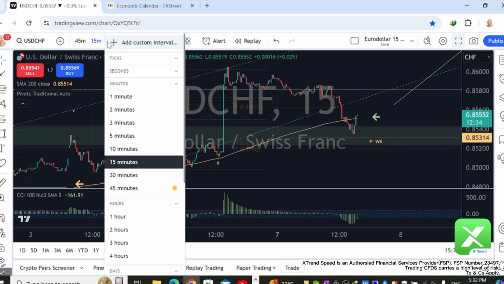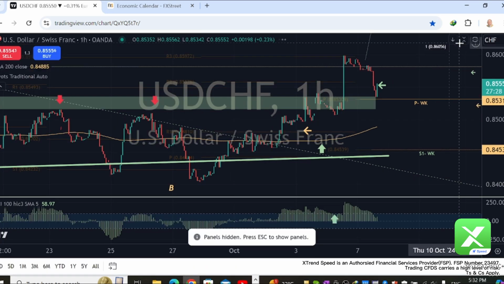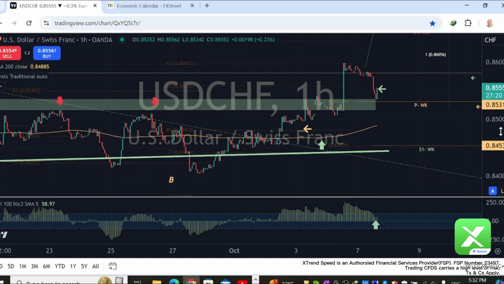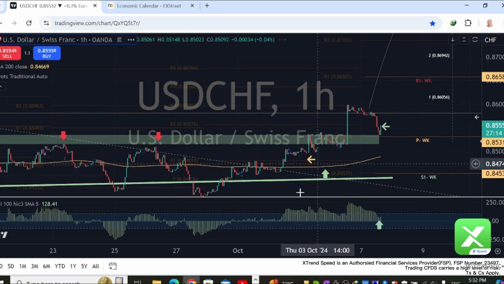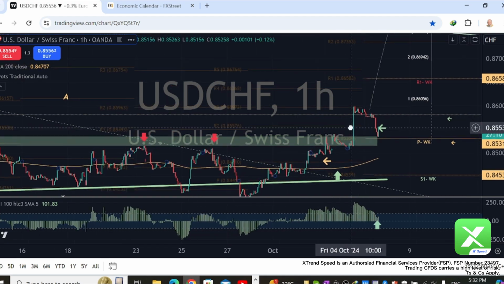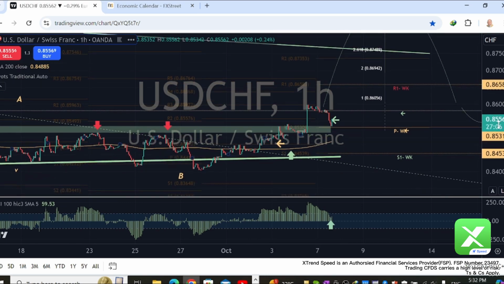Let's take it to targets. I'm looking at the 1 hour time frame, and we have a very clear, excellent bounce here on the 1 hour. So resistance 1 this week is 8650 or 8660.